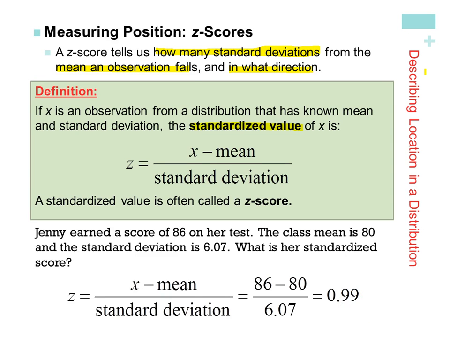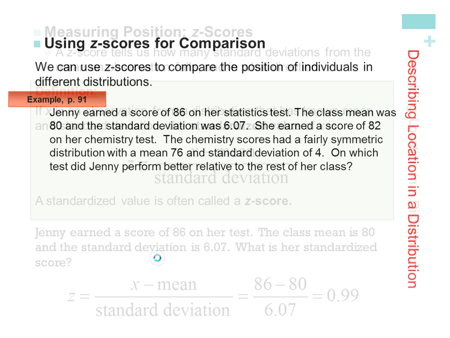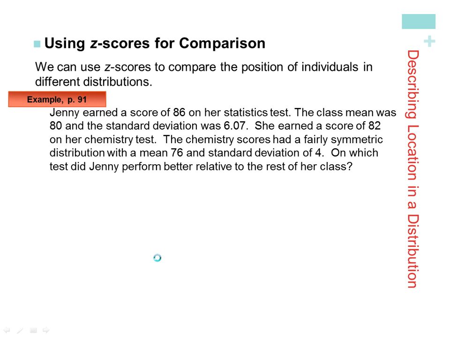Okay. Another use for z-scores is to try to compare an individual or a couple of individuals in different distributions, right?